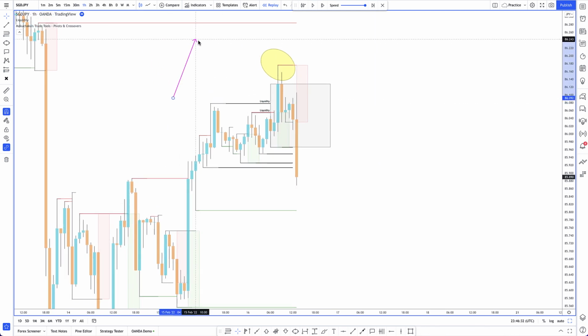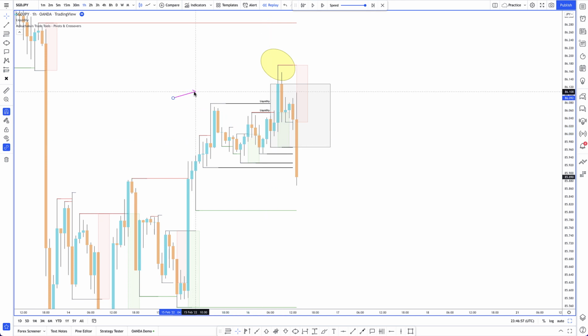You can see there are no other clear highs represented by the liquidity visualizer indicator. These were the only two highs that were visualized by the liquidity indicator that were swept by this. So from here to here we have a breaker in place.